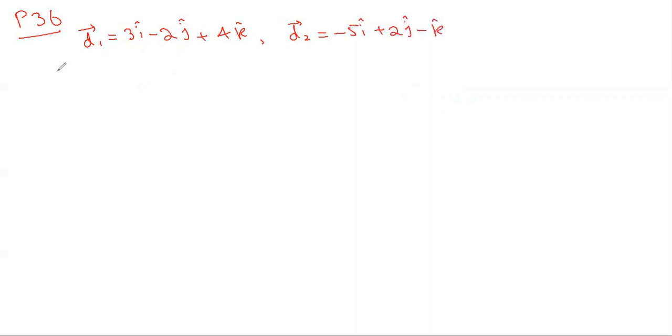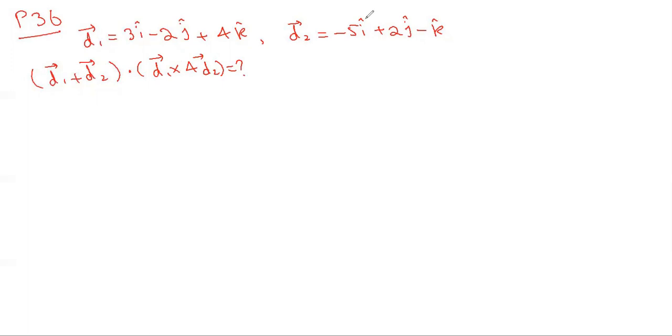And we have to find (d1 + d2) dot (d1 cross 4 d2).